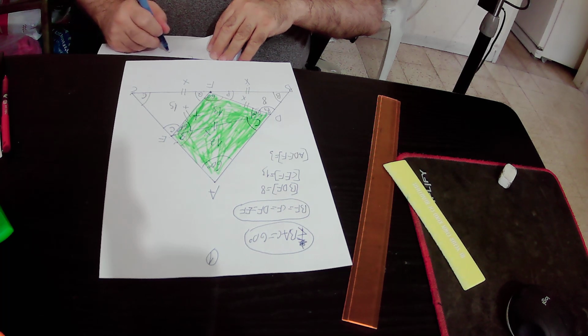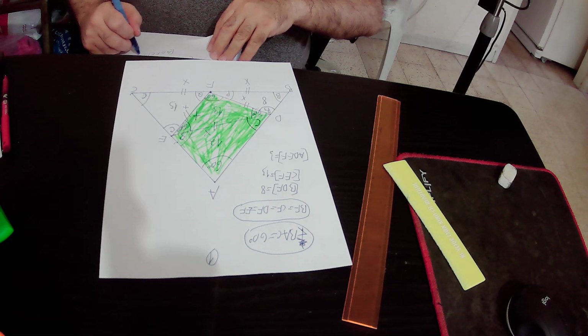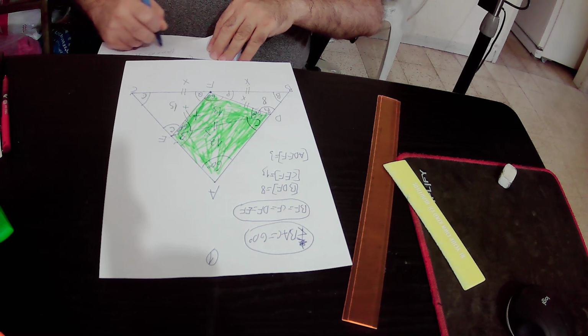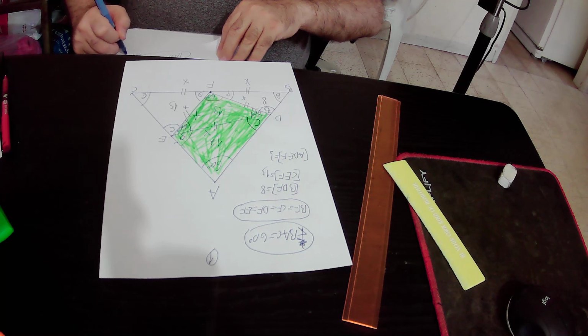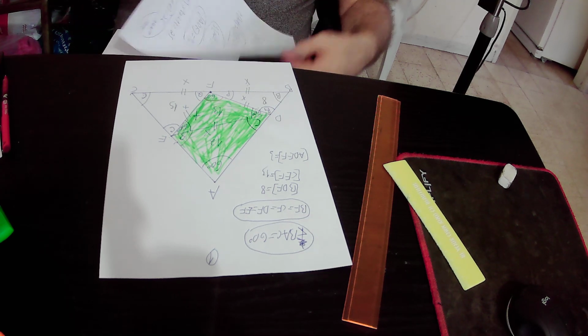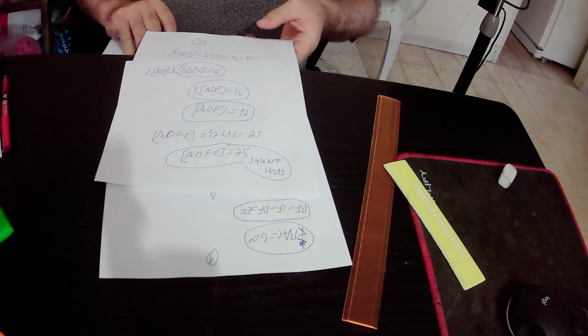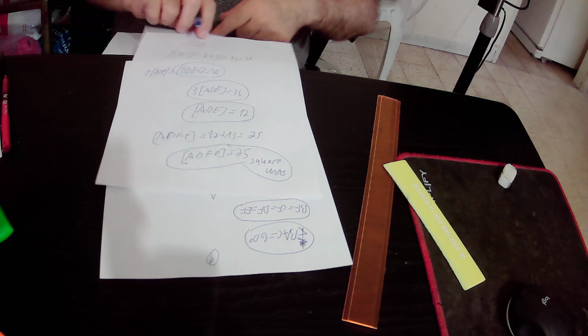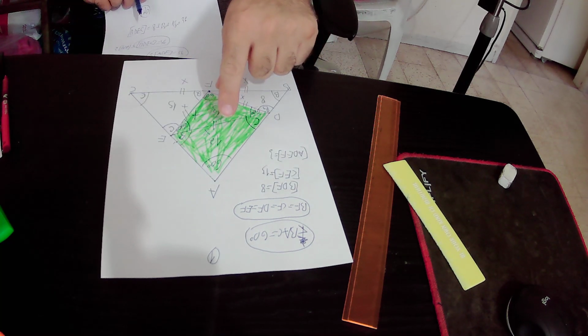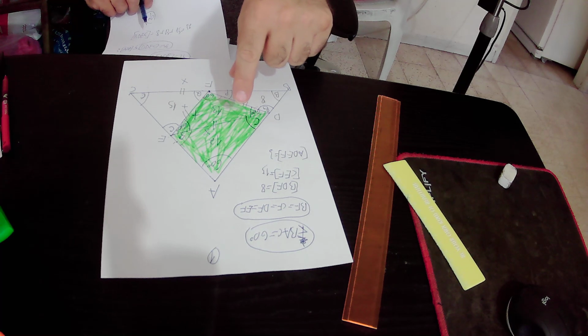So the area of quadrilateral ADFE equals 25 square units. Again, the area of the green shape, quadrilateral ADFE, equals 25 square units.